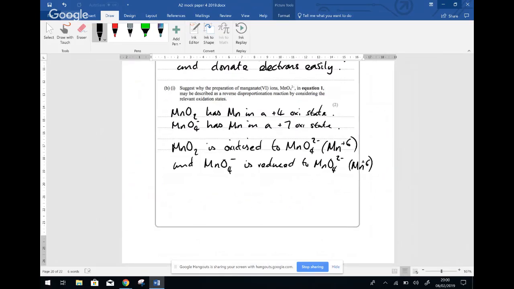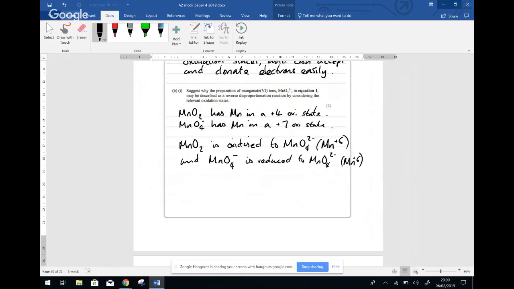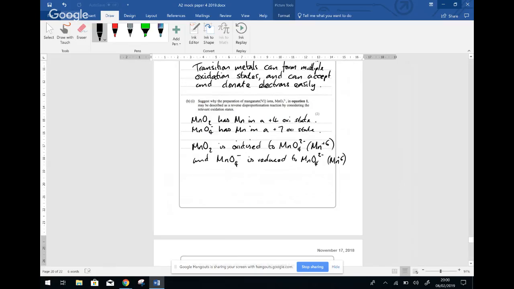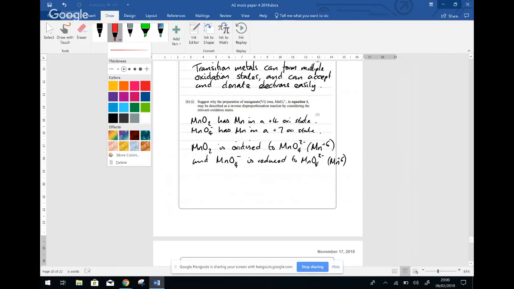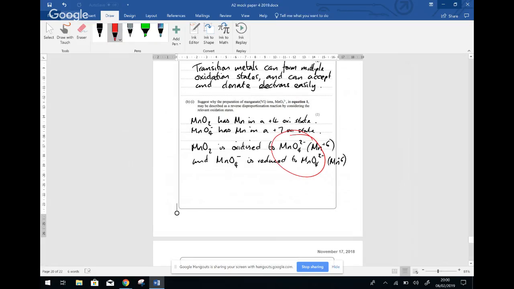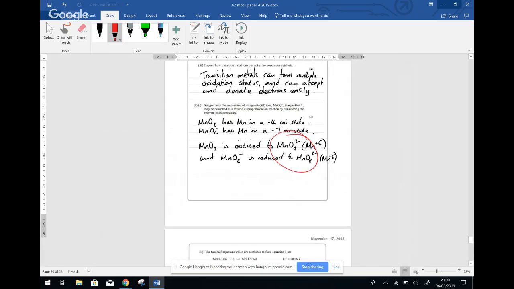Reverse disproportionation. Just quote all the numbers and say what both are doing. I should probably say the fact that they're forming the same product. I'd probably lose a mark there, I reckon. I'd want to say that these two both form the same product.